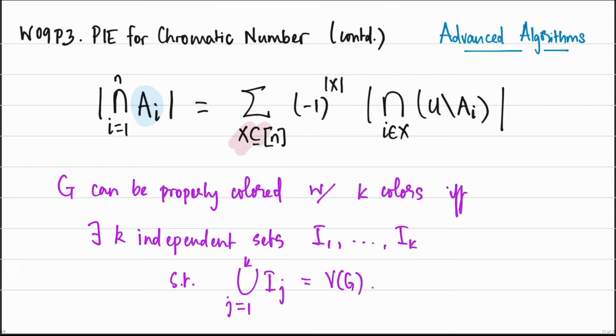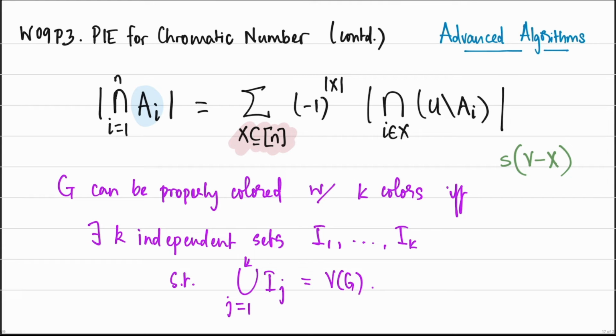When we are computing the term corresponding to a particular subset X, that boils down to looking up the DP table entry for V minus X, because we are trying to figure out how many covers there are that avoid X. So we are looking for the number of independent sets in the graph induced by V minus X.